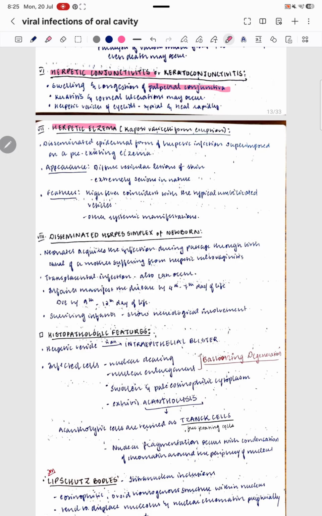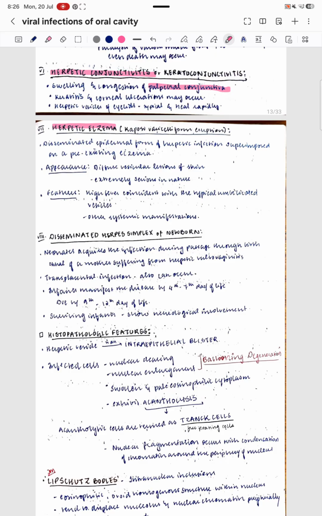So basically this is a superimposed kind of HSV on eczema. When a person is suffering from eczema, there is a superimposed HSV which leads to your herpetic eczema. Okay, so that is herpetic eczema.